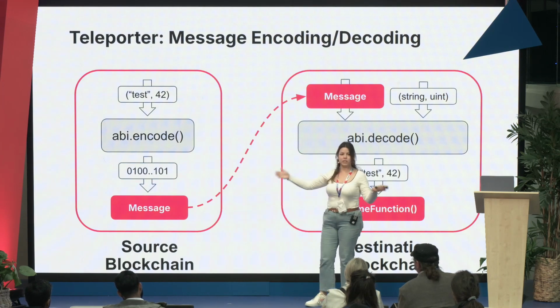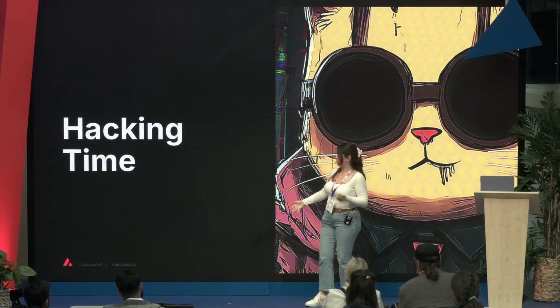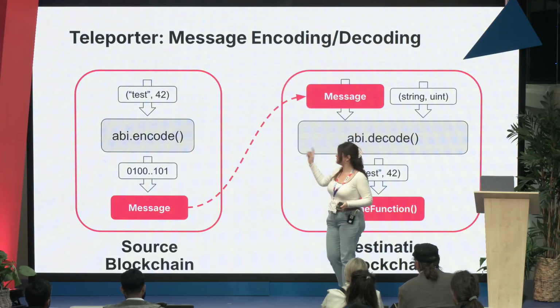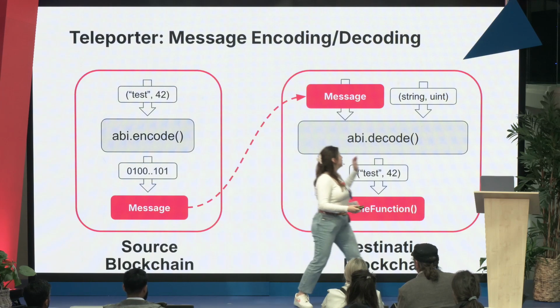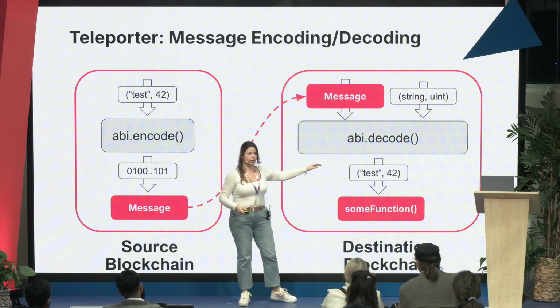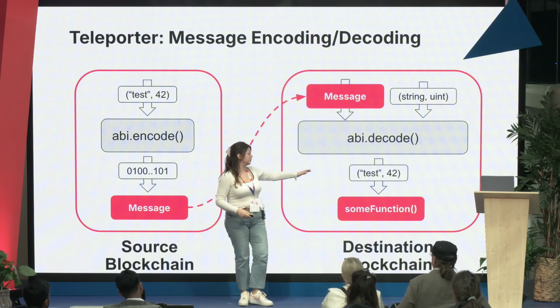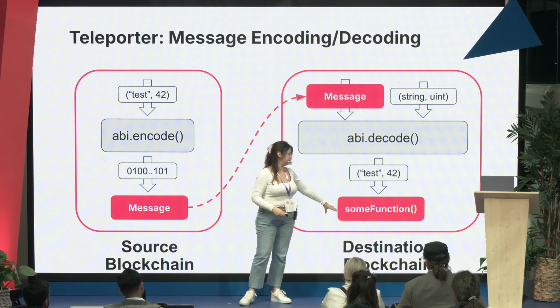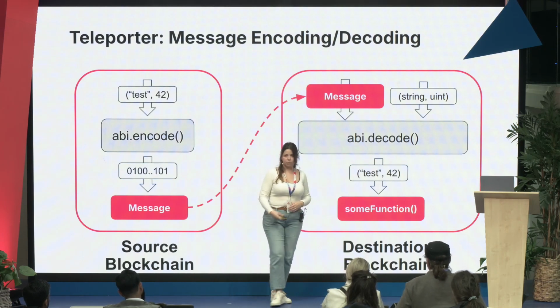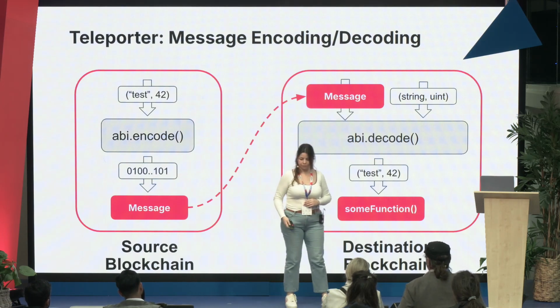You can encode as many times as you want, but the final data type that you will transfer is just bytes. And at the end, you will just need to decode. And to decode a message in bytes, you need to specify the type of data that you put in. And from there, you will be able to use that data as, let's say, parameters in a function or whatever you want.